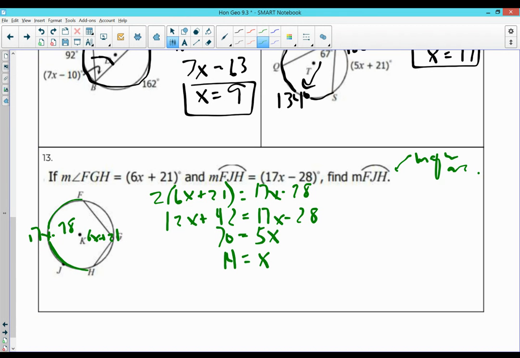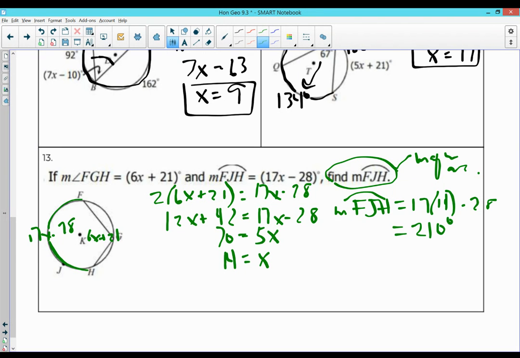Which is great, but now we want the measure of the arc. So the measure of major arc FJH is going to be 17 times the value of x minus 28, and we can put that in our calculator and get 210 degrees.